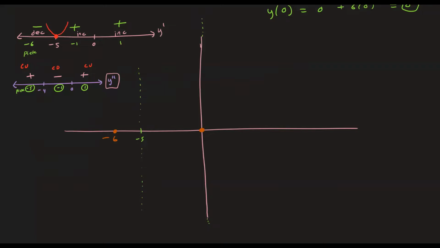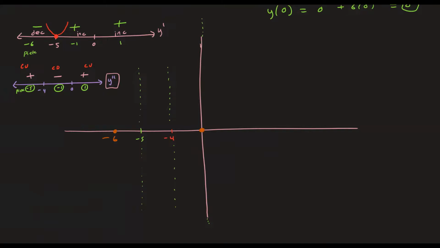Then we want to split the real line at the inflection points. So we have -4 right here, and then 0. I'm just going to draw another grid like this to show the direction. All right, this is good enough.